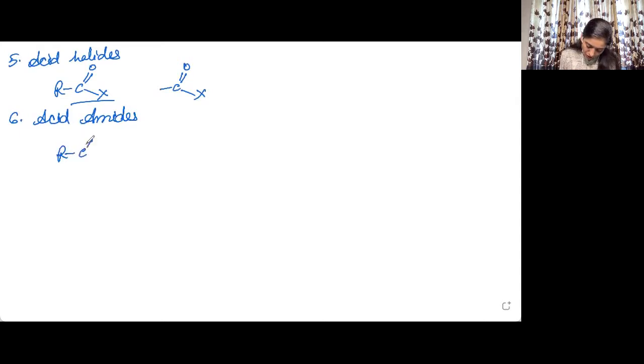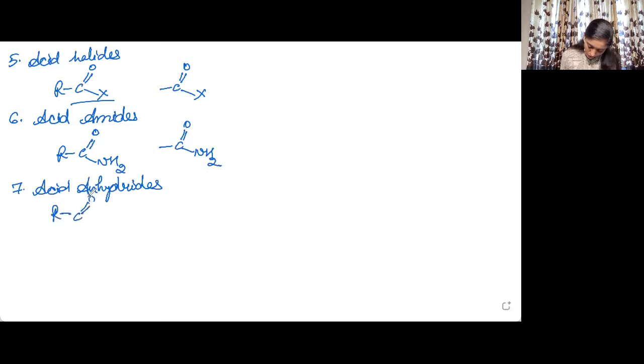R, C double bond O, NH2. Right? Then there can be anhydrides. Acid anhydrides are C double bond O, O, then again C double bond O, R. These are anhydrides.